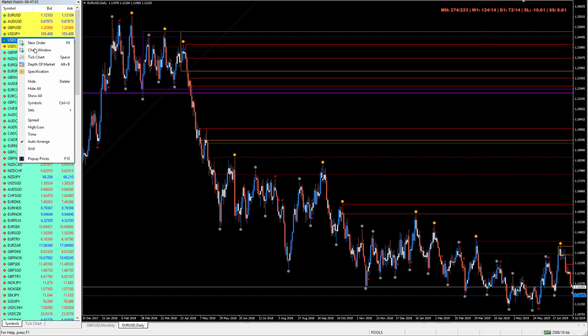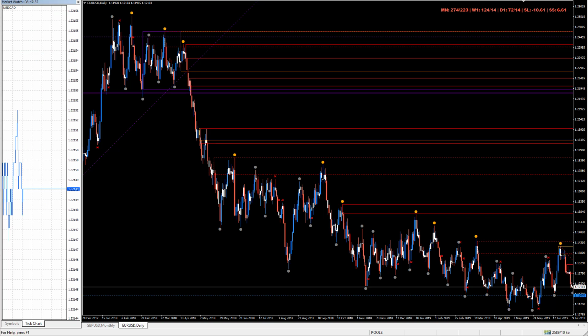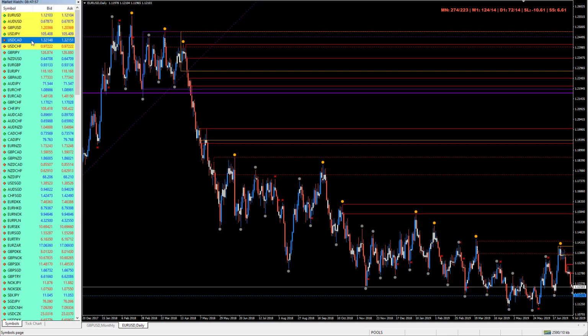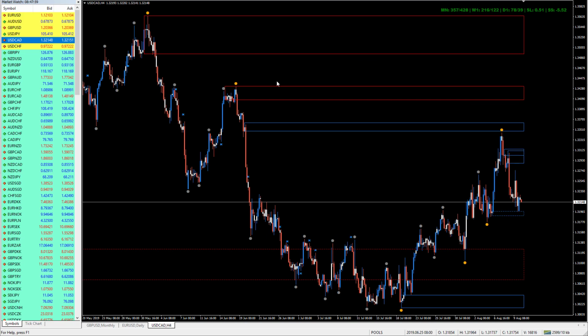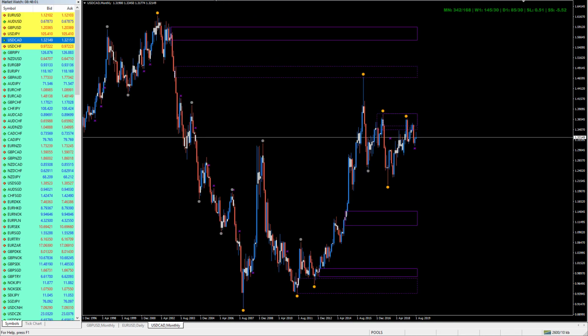Let's try the dollar CAD. Oops, wrong thingy. Here, dollar CAD. What do we have here? Okay, what do we have here? We have market structure has failed here to here.